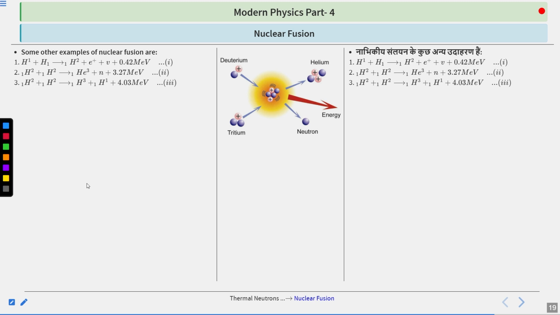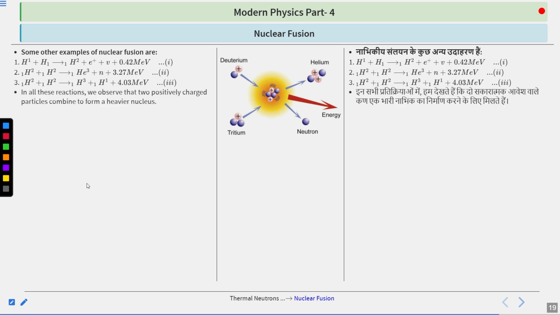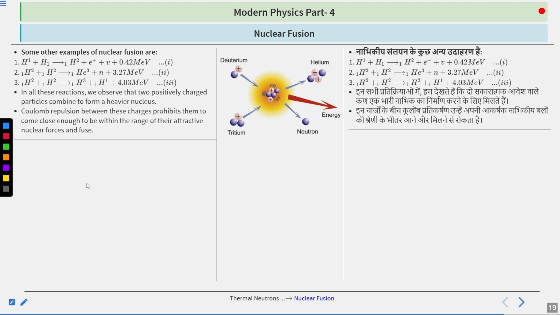This is equation 3. In all these reactions, we observe that two positively charged particles combine to form a heavy nucleus. Coulomb repulsion between these charges prevents them from coming close enough to be within the range of their attractive nuclear forces and getting fused.